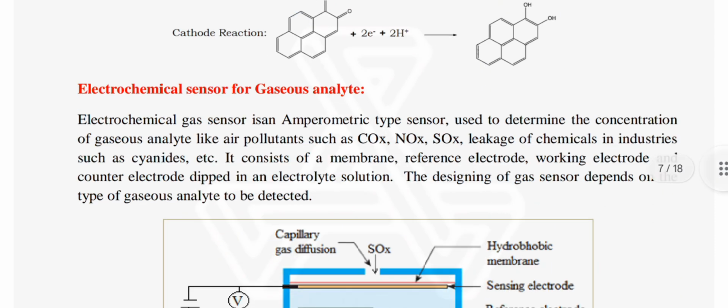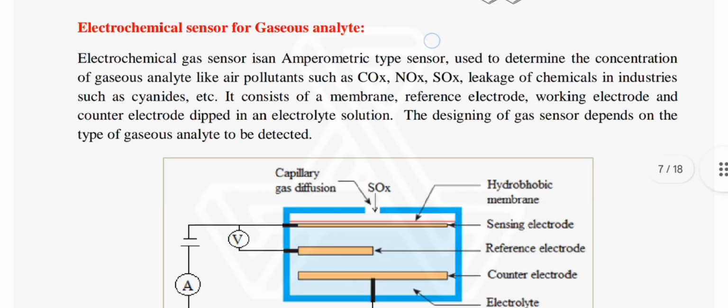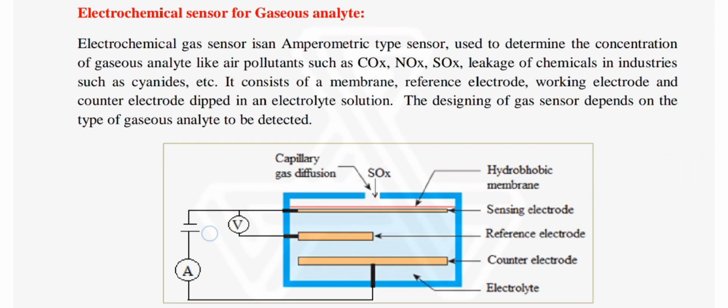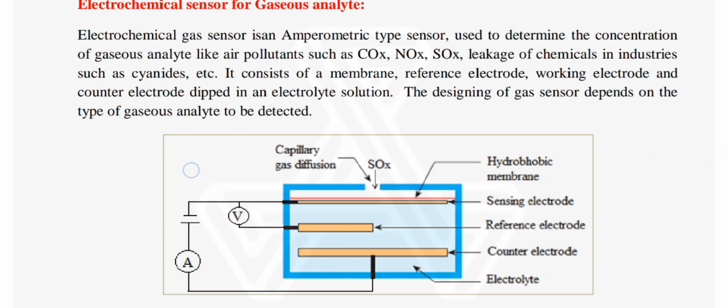Electrochemical sensor for gaseous analytes. Electrochemical gas sensor is an amperometric type sensor used to determine the concentration of gaseous analyte like air pollutants such as COx, NOx, SOx, leakage of chemicals in industry such as cyanides, etc. It consists of a membrane, reference electrode, working electrode, and counter electrode dipped in an electrolytic solution.